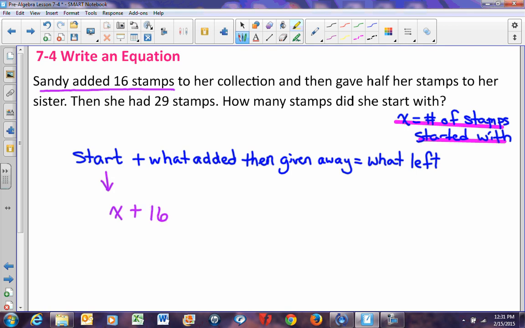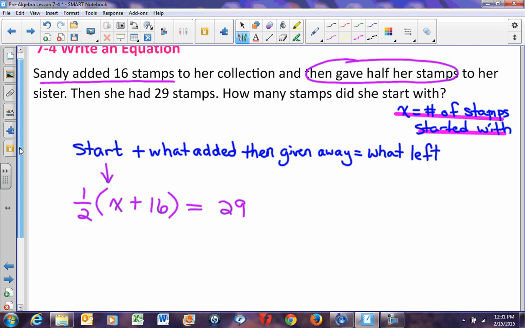After that, she gave half of her stamps to her sister after she added the 16. So we need to say that she gave half of it to her sister, so we have to divide that by 2 or multiply it by 1/2. So the number she started with, then she added 16, then she gave half of them to her sister, and when she ended up, she had 29. So there's our equation.